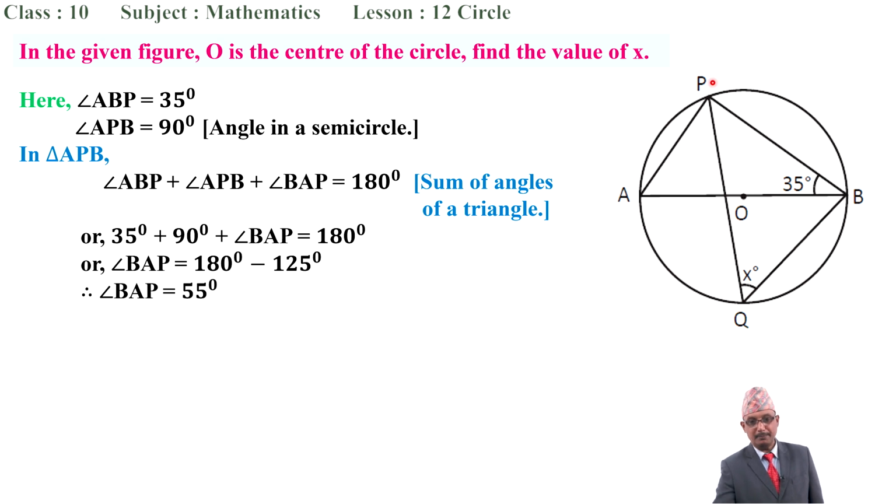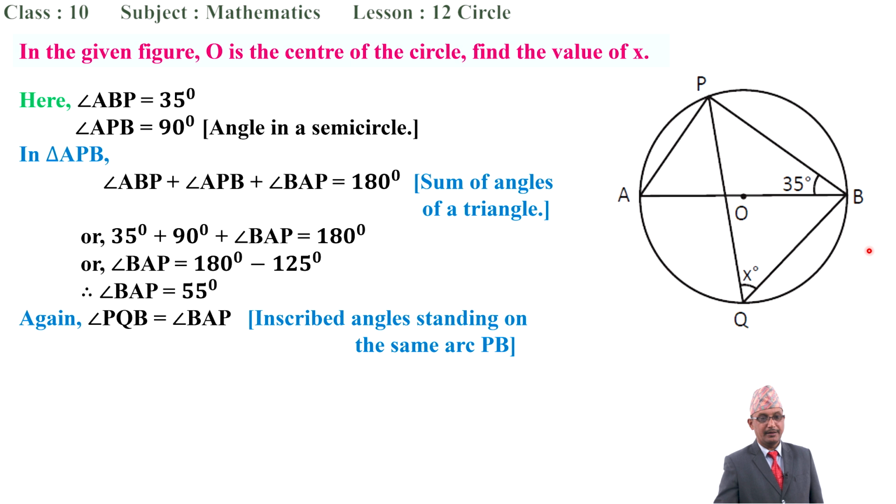So, BAP, meaning this angle, we have got as 55 degrees, but this is an inscribed angle standing on arc PB, and x is also an inscribed angle standing on the same arc PB, and we know that inscribed angles standing on the same arc are equal. So, what we can write, angle PQB, meaning x, equals angle BAP.